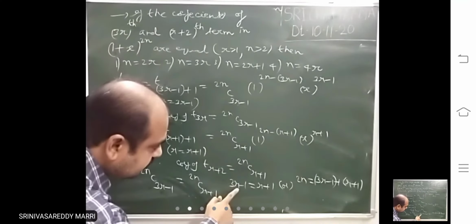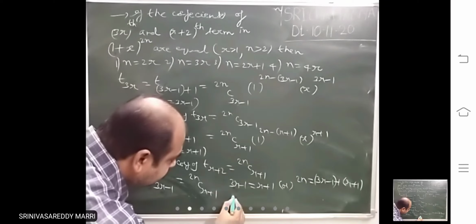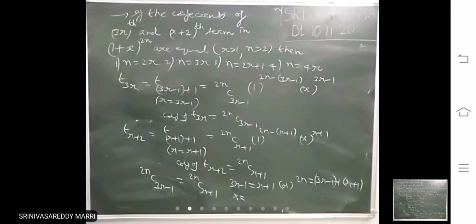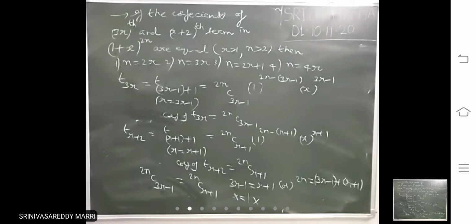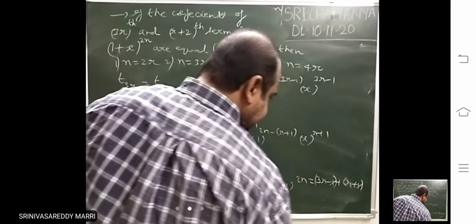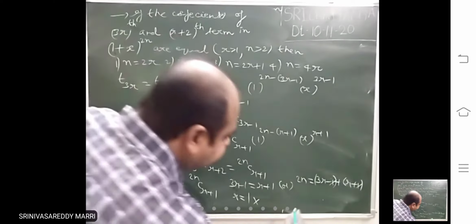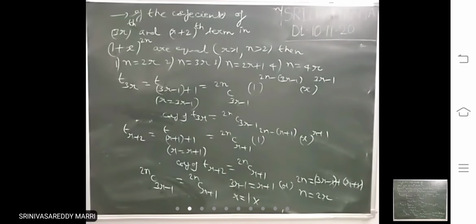If this is the case, you will get 2r equal to 2, so r equal to 1, but given r greater than 1, so this is not possible. So therefore minus 1 plus 1 cancel. 2n equal to 4r, that means n equal to 2r. That is the answer.